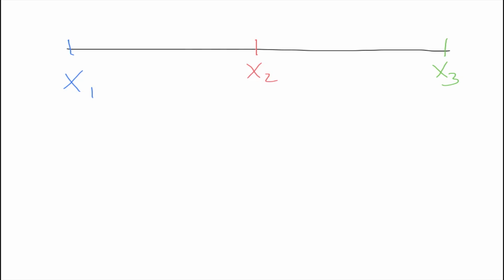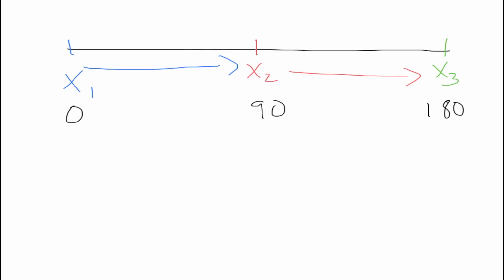We said that this was 0, this was 90, and let's say this one is 180. In this case, your movement was, you moved from x1 to x2, then you moved from x2 to x3, and then you move back from x3 to x2. So right now you're right here.